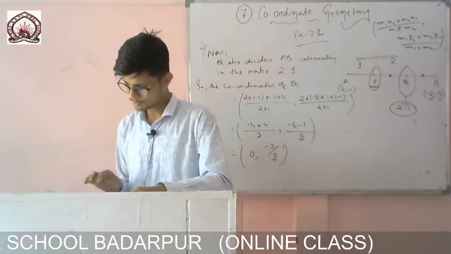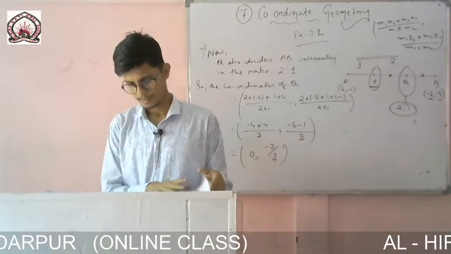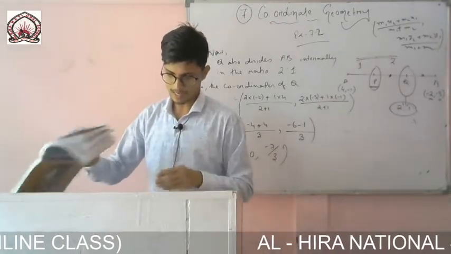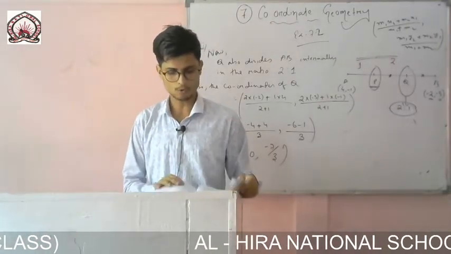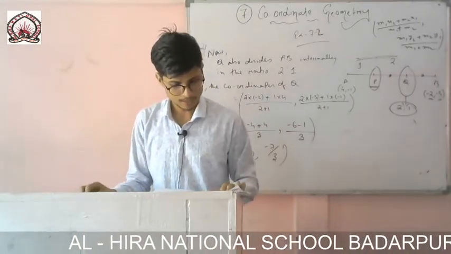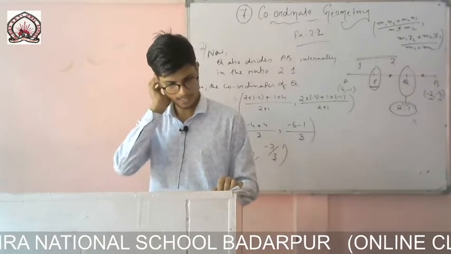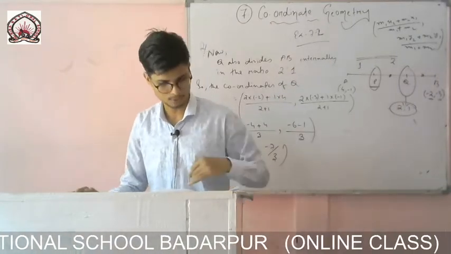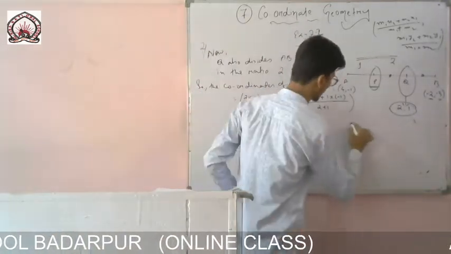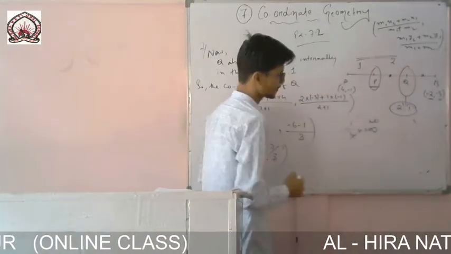This question is actually not that important from the exam point of view, but since it is given in your exercise, we have to solve it. So first of all you have to find the coordinates of the 2 flags. It is given that there are 100 flower pots. Niharika runs 1/4 of the distance, so the total distance is 100, and 1/4 of it means 1/4 into 100, which is 25.